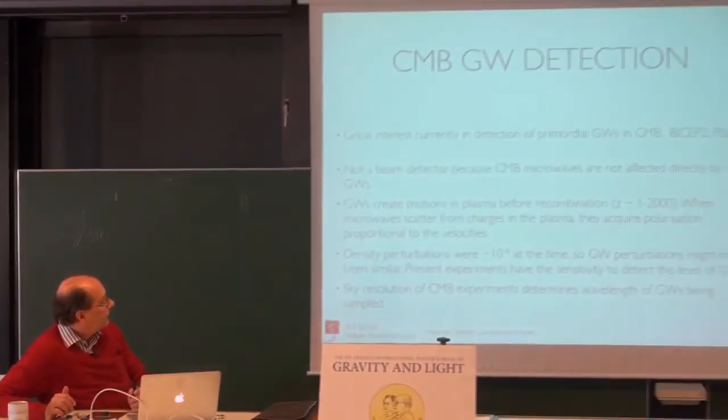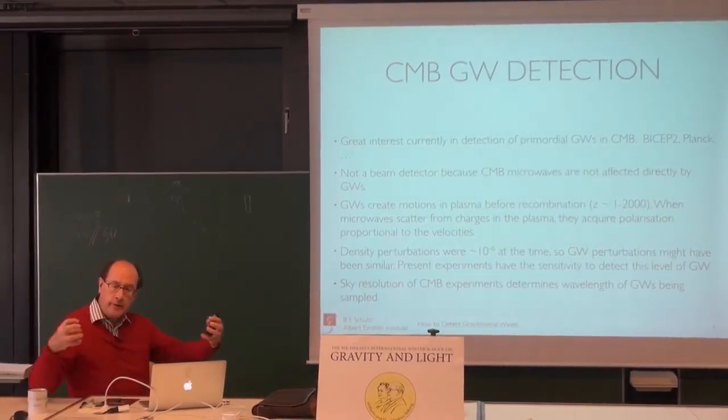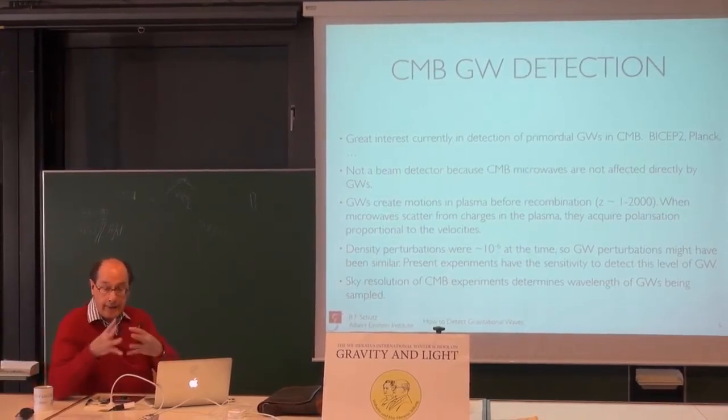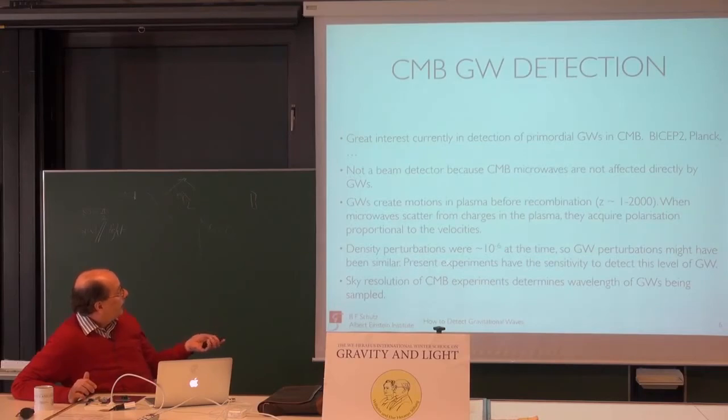So it's a bit more like a bar experiment, because with the bar, you have a mechanical system being distorted in some way by the gravitational wave, and then you try to figure out what's happening. The microwaves are carrying us the signal of what's happening, but it's not a beam detector. The density perturbations were around 1 part in 10 to the 6 at the time.